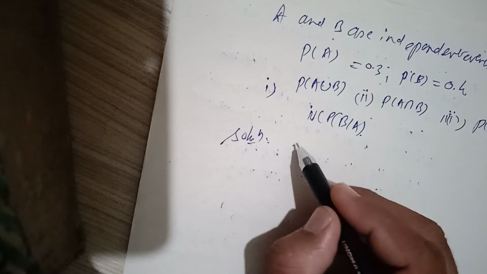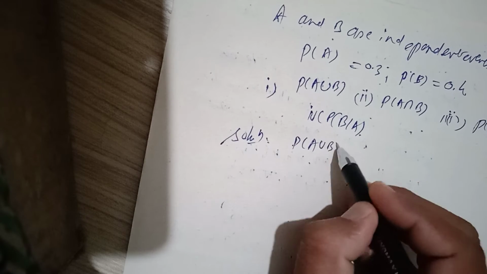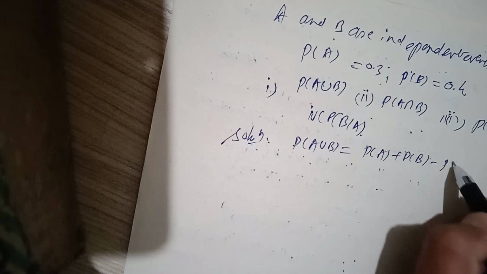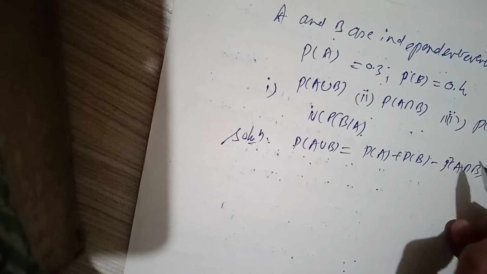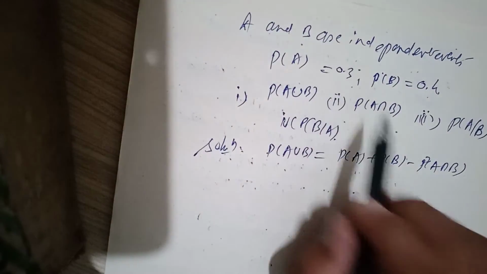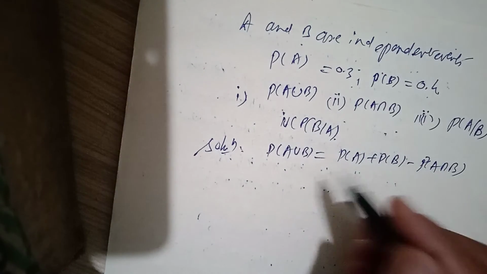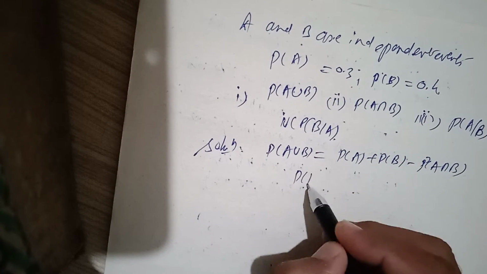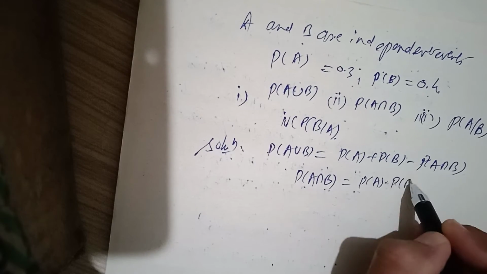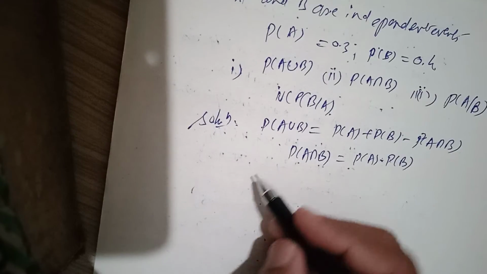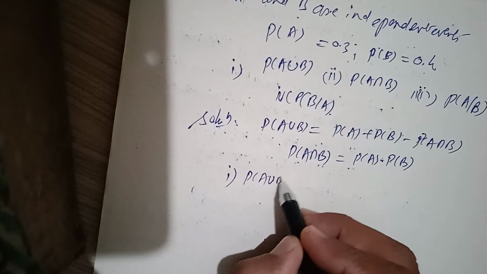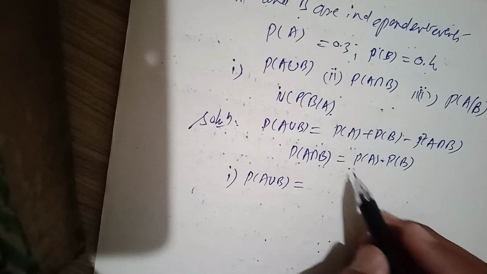It is very clear, students, that P of A union B should be equal to P of A plus P of B minus P of A intersection B. But we should never forget that it is given A and B are independent events. So since A and B are independent events, P of A intersection B will become P of A dot P of B. So first, P of A union B can be easily put like this.